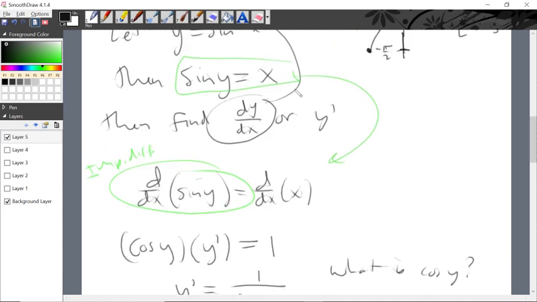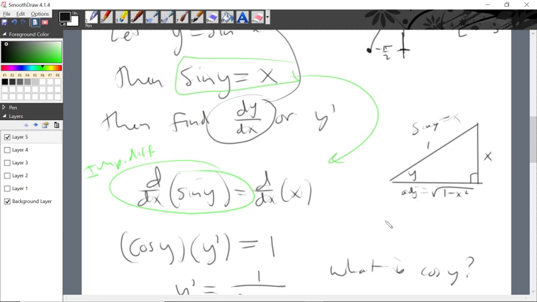Well, we had the sine of y is equal to x, which, by right triangle trigonometry, is one way we could look at it. The sine of y equals x means that for this angle y, we have an opposite side of x and a hypotenuse of 1, and we can solve for the adjacent side, which gives us the square root of 1 minus x squared.